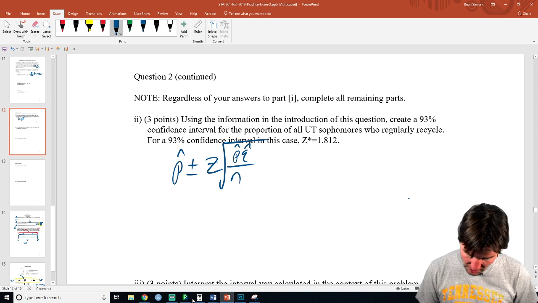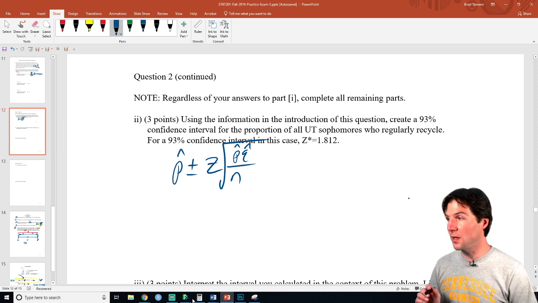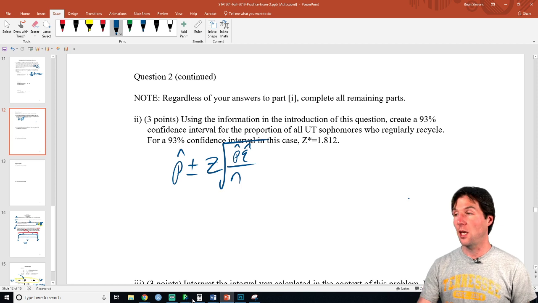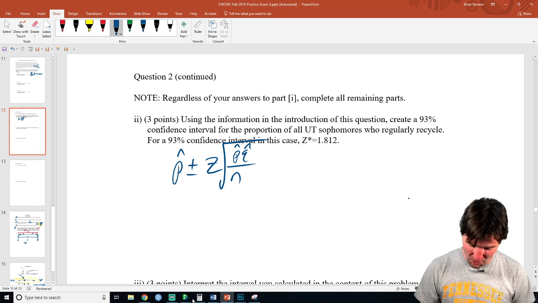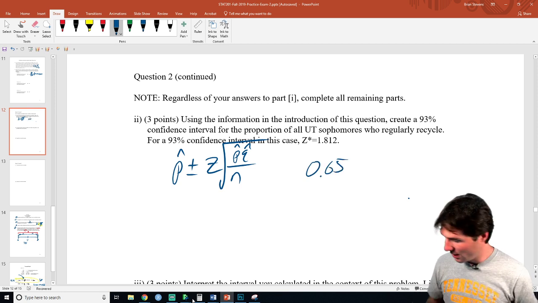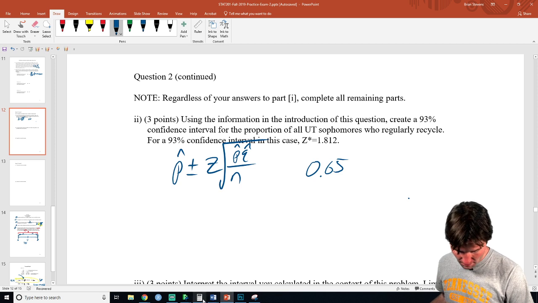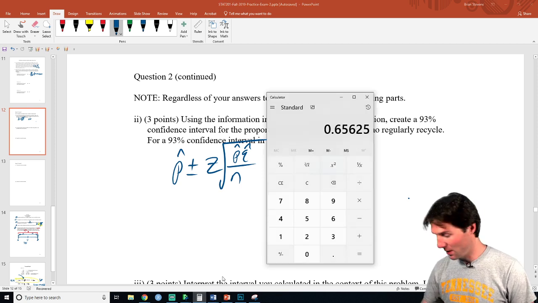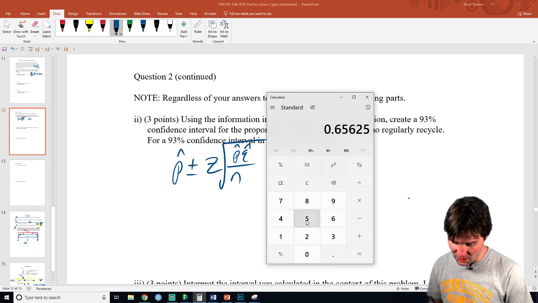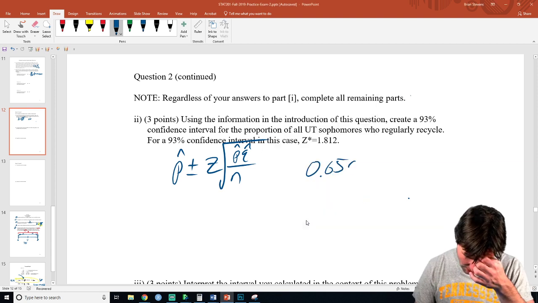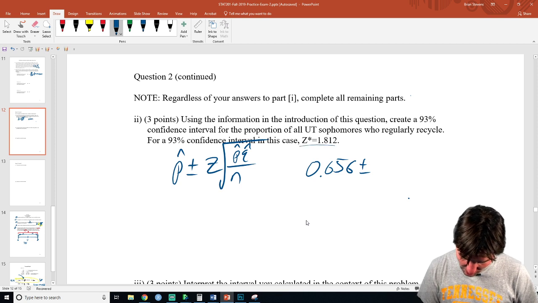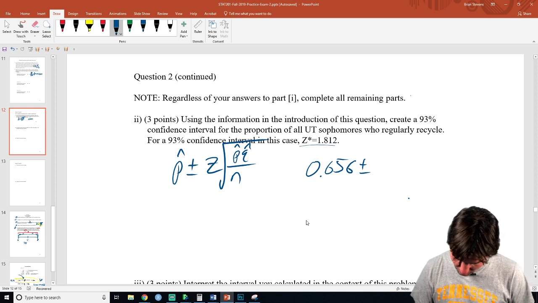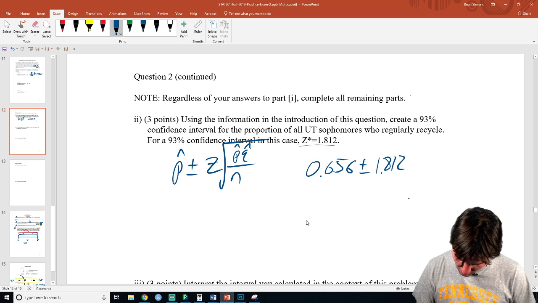And so now I'm going to abbreviate these numbers just for brevity's sake. Carry out your numbers on the test, but my handwriting's sloppy, so I'm going to do it in the calculator. 0.656, and then plus or minus, the z-score is right here, 1.812.